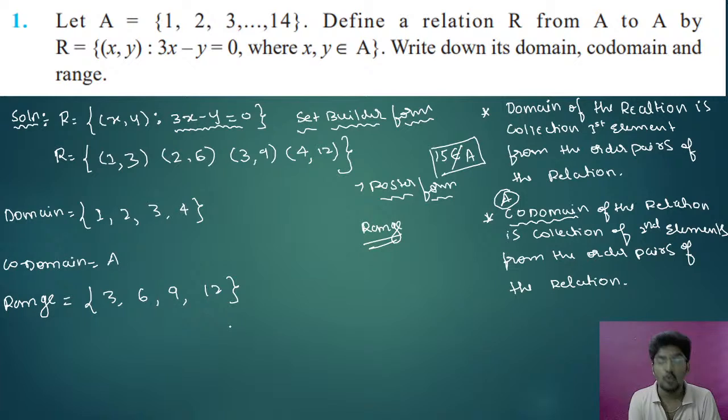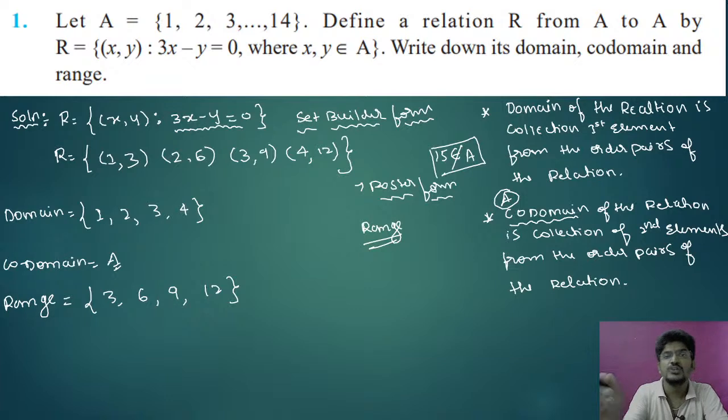Here they have asked codomain and range, that means they are differentiating between codomain and range. Because of that, the collection of the second elements we put in range, and codomain we call A. Okay. So all of you correct your answers. Codomain is set A and the range is 3, 6, 9 and 12.